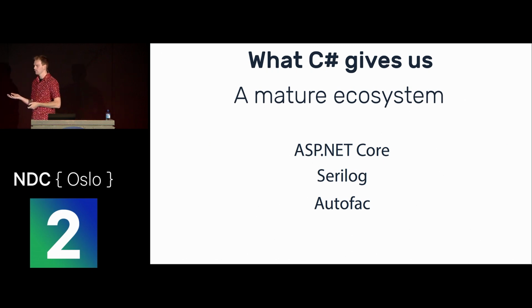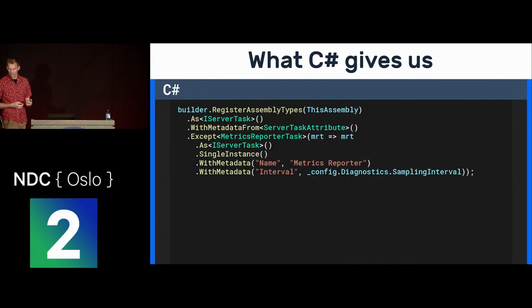We also get mature projects in the ecosystem like Serilog for logging and Autofac for IoC. I think Autofac deserves its own slide because it captures a pattern that allows us to scale C# code bases really effectively. So what we're looking at here is Autofac at work, not just mapping abstractions to implementations, which is the least interesting thing that an IoC container will do for you, but it describes relationships between the components in our system and how those come together.